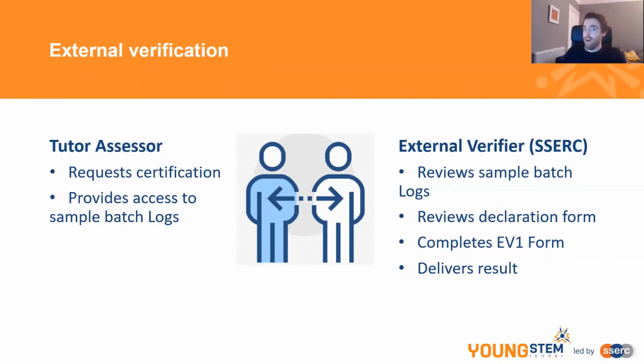It will then be our job, or one of my colleagues' jobs, to review the sample batch logs against the support notes, similar to the way your internal verifier did, review that declaration form, and then complete an EV1, which is an external verification form, and we will then deliver that result to you by email.